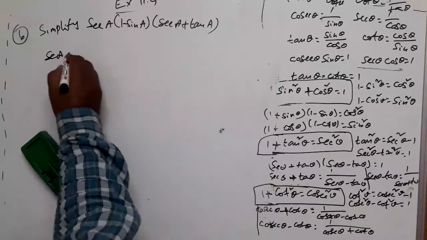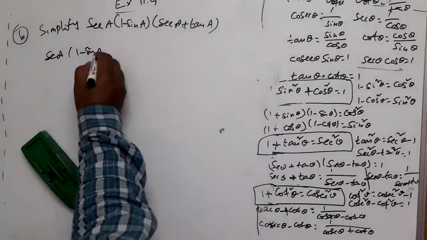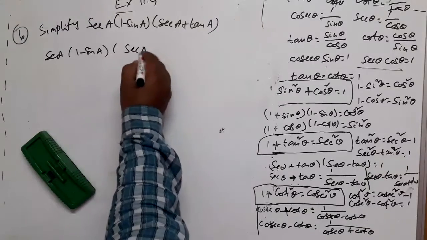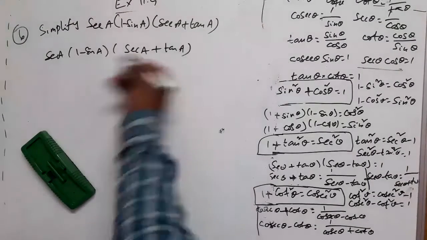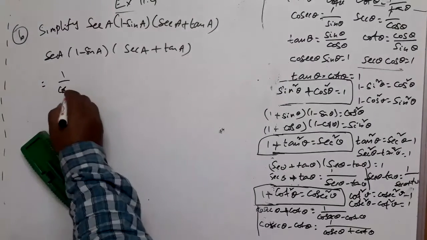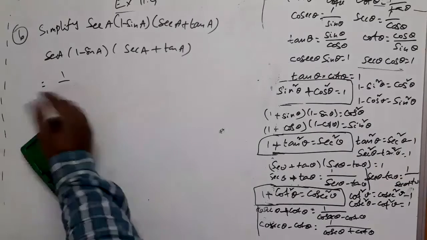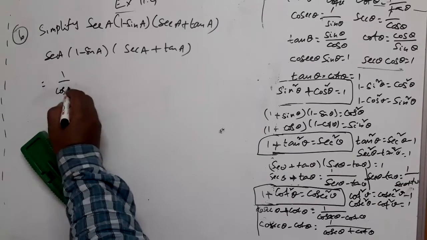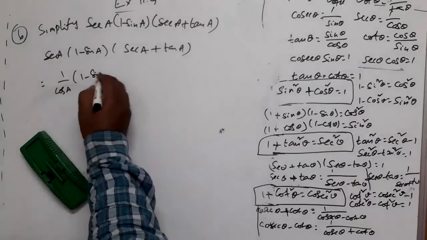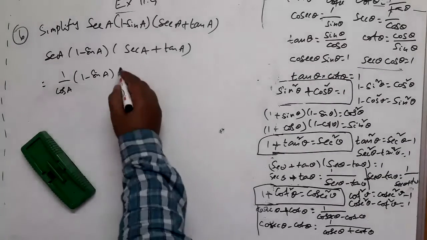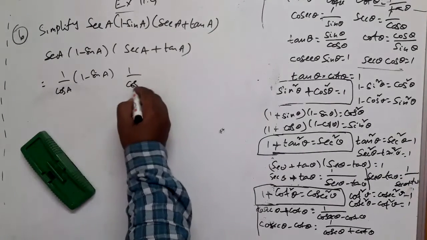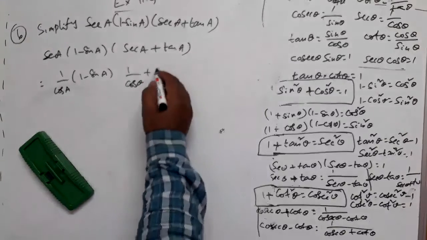Secant A multiplied by 1 minus sin A, multiplied by secant A plus tan A. Yes, I am expressing the whole thing in terms of sine and cos. Secant A can be written as 1 by cos A, reciprocal, right? I am leaving this expression as it is because it is already in sine. This is 1 by cos, this is sine by cos.